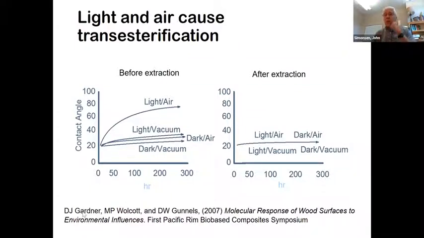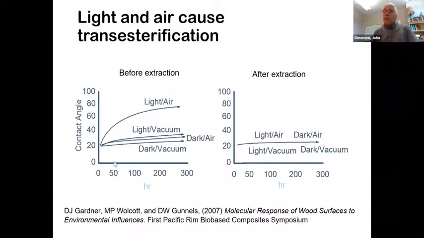So Doug Gardner, who's at the University of Maine, and Mike Wolcott at Washington State, and Dave Gunnels, back in 2007, did some really interesting experiments here. Do you know what transesterification is? This is what's going on. They believe that you have transesterification between the extractives and the wood substrate itself.